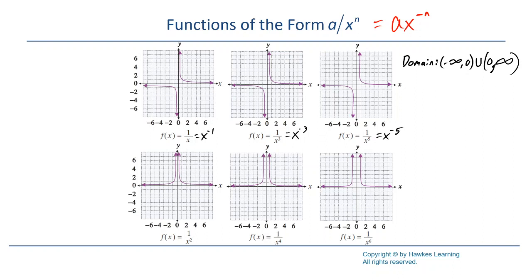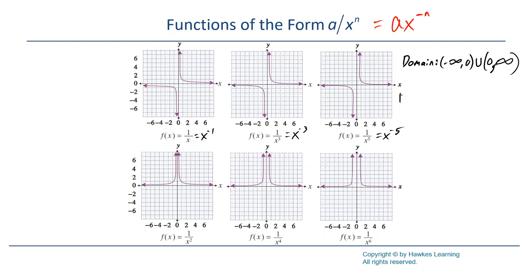If you ever have to split up your domain, then you just do this little U. The U means union. Fortunately, this is one of the few things that mathematicians actually named appropriately. It looks like a U, it means union.